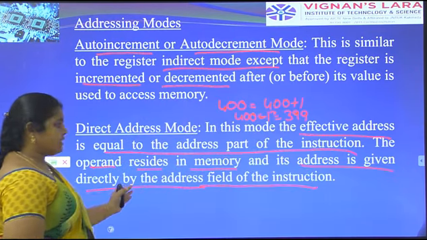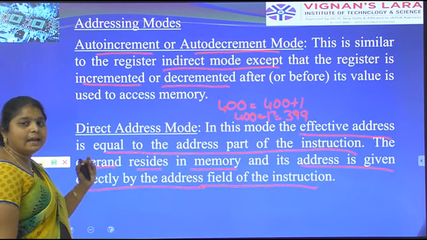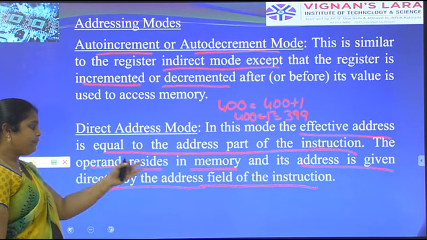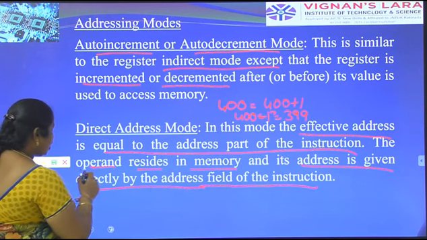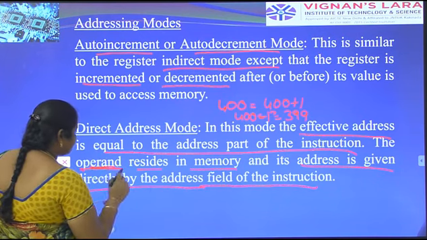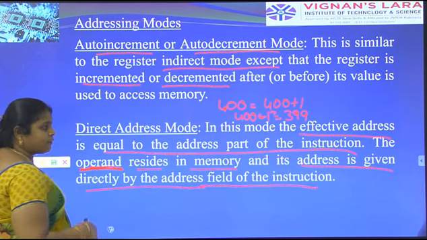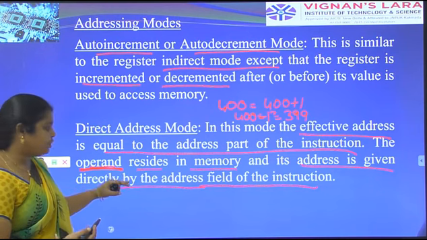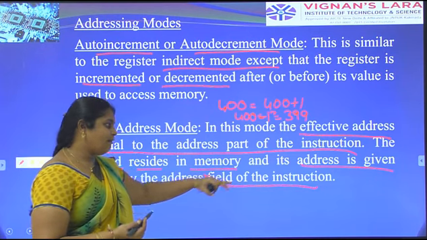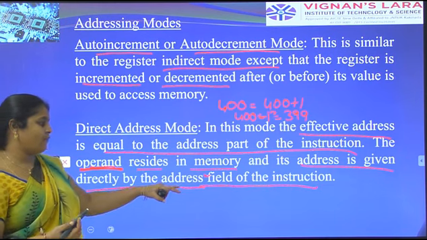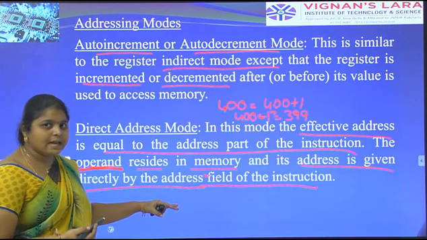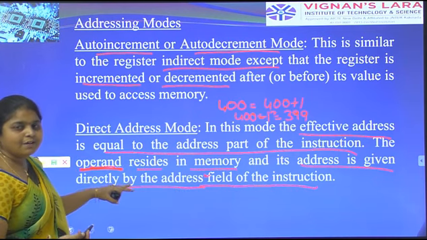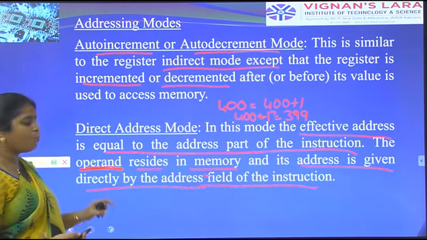Whatever operations are performed use these operands, whose information is stored in memory. Since the address is given directly by the address field, it is known as direct addressing mode.